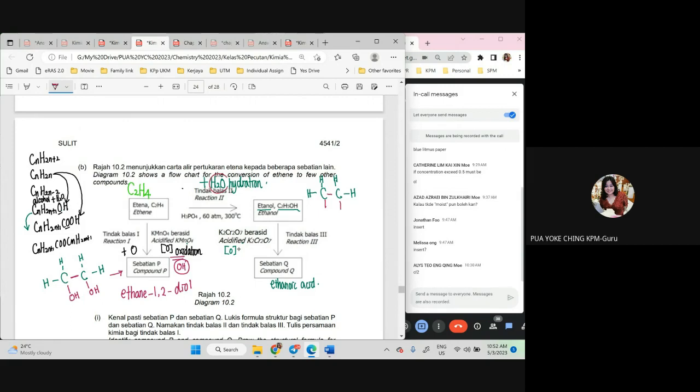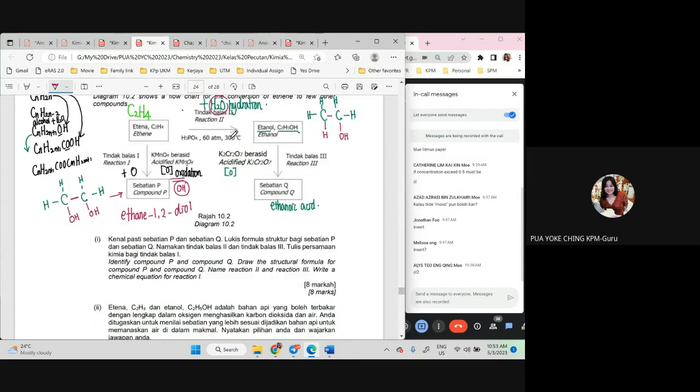So H2O is 1 H and 1 OH. So it's HOH. So this one is ethanol. Okay, sorry for the P part. I lupa dah. Terus jadi carboxylic acid. So P is ethane 1,2-diol.